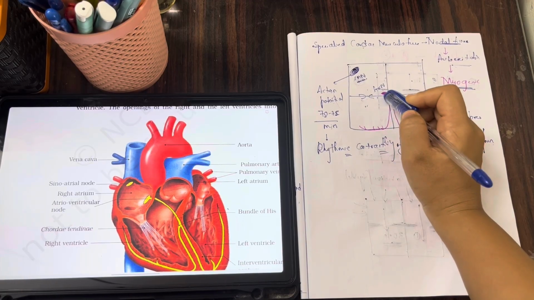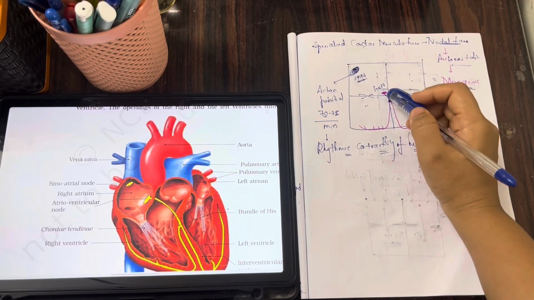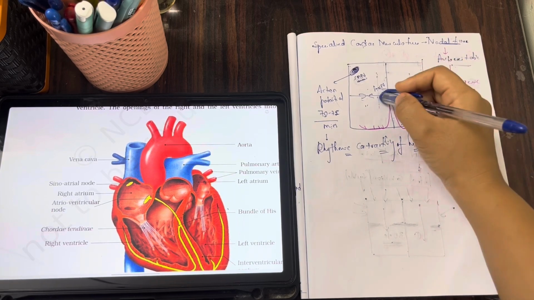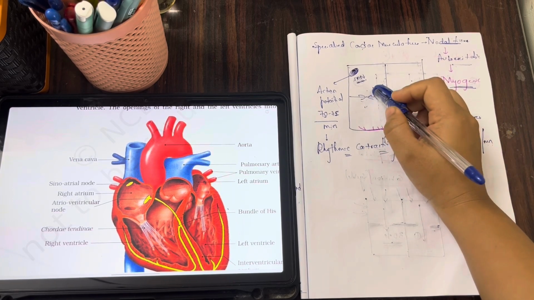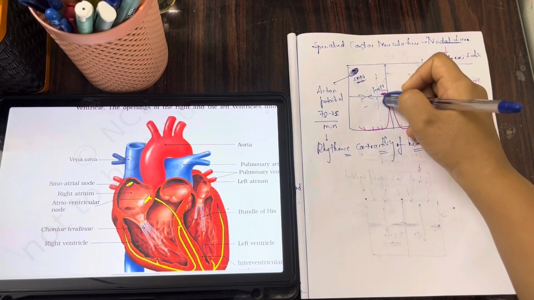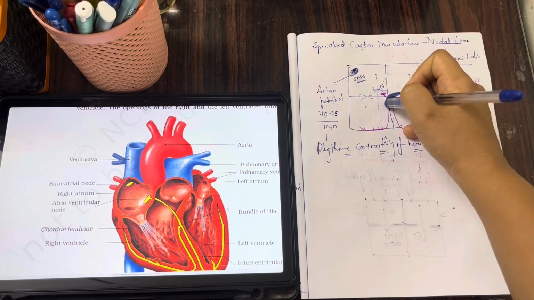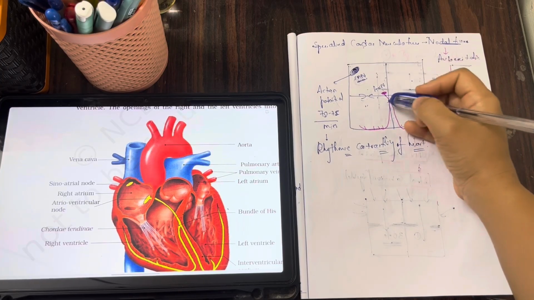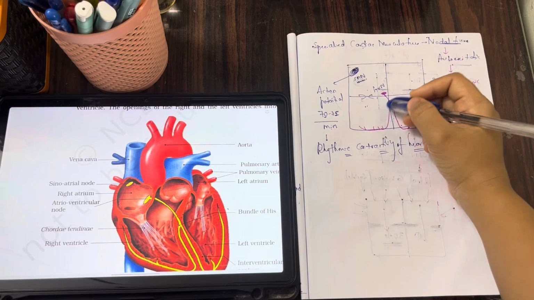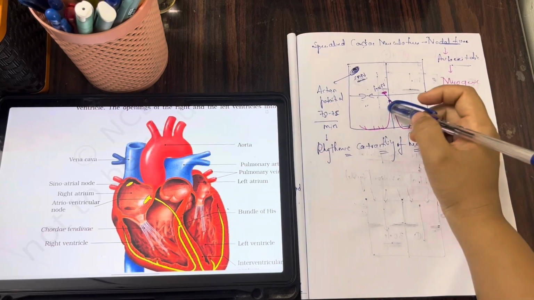Now from the AVN there is the atrioventricular bundle which originates from the AVN, crosses the atrioventricular septum on the right side, and reaches the top of the interventricular septum. At the interventricular septum, it divides into a right and left bundle, which is also called the bundle of His.